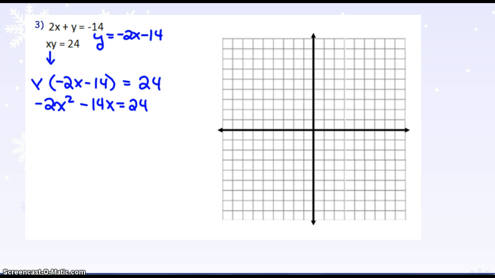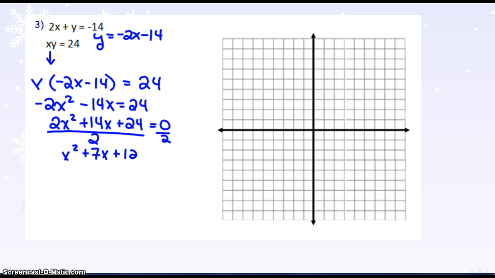And then what I'm going to do is bring these two negative terms to the other side. I'm going to add them over. So I'll have 2x squared plus 14x plus 24 equals 0. To go and solve that, I'm going to divide by 2, and I will have x squared plus 7x plus 12.